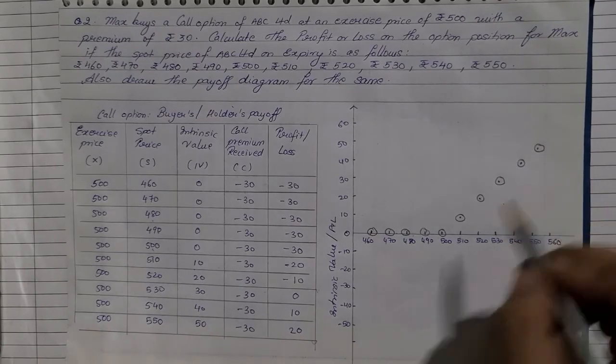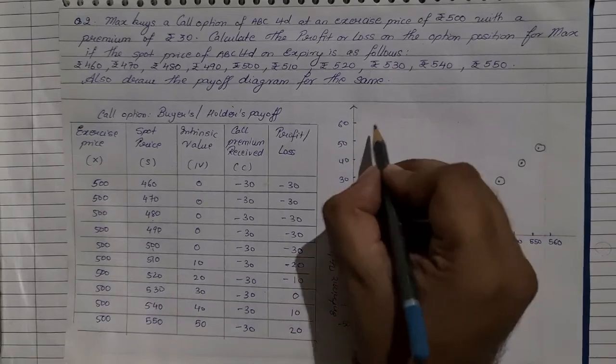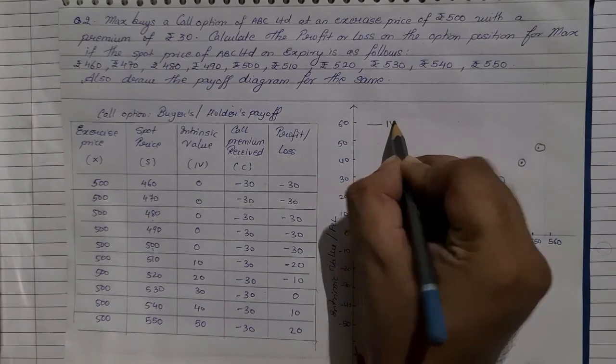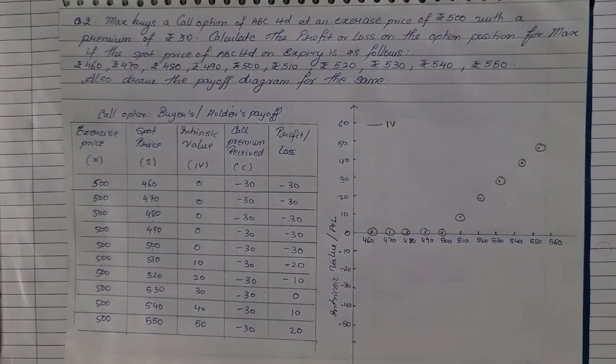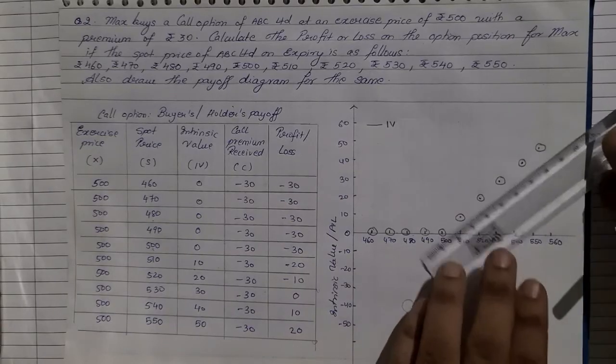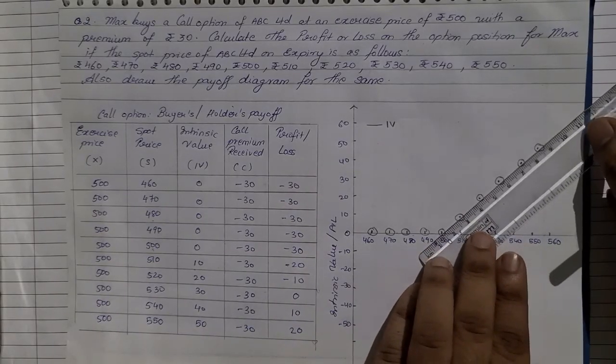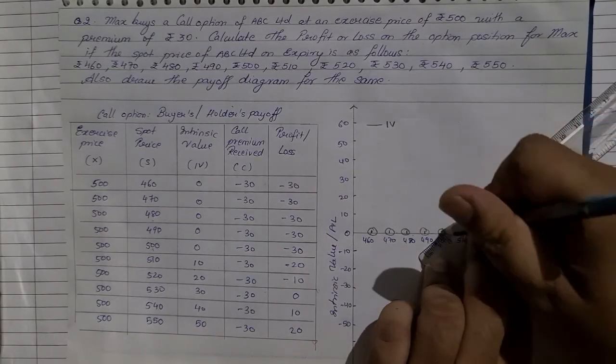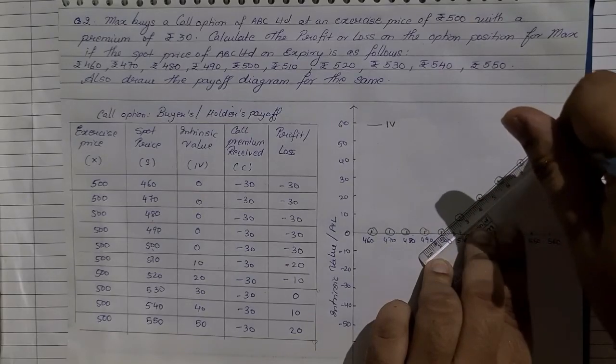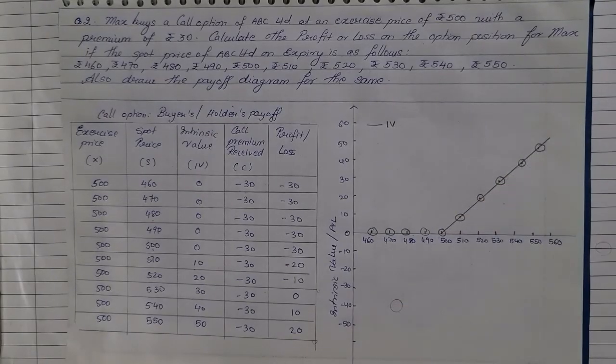So we will join this, and I'll note down this as my intrinsic value. It starts off with a flat line, and thereafter there is an increase. So that's my IV. Now similarly we'll start marking the graphical points of profit and loss.